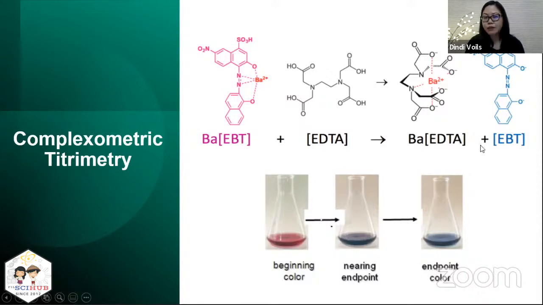When that happens, it releases your indicator from barium, and the indicator changes from red or wine red to steel blue. Here's just a picture of what it looks like during an EDTA titration with Eriochrome Black T.